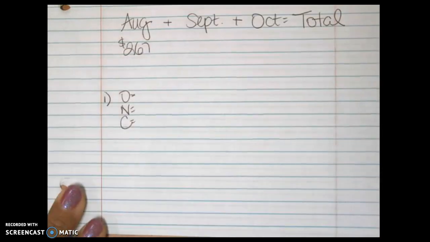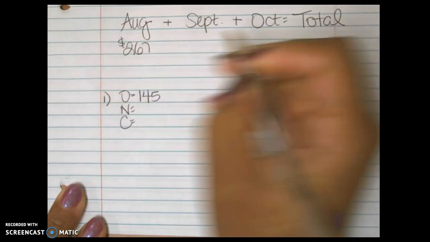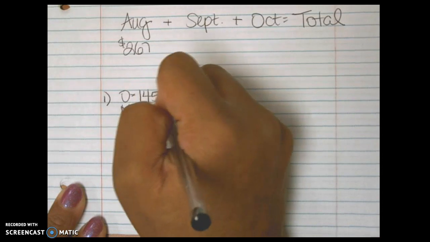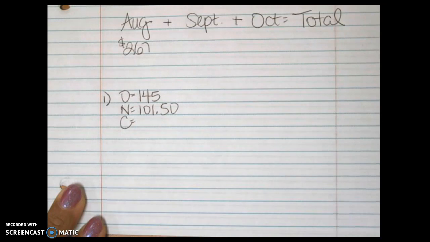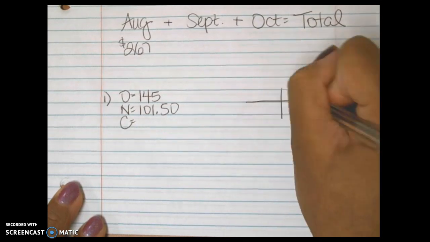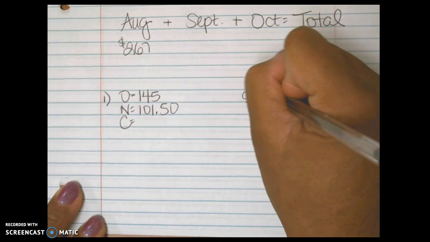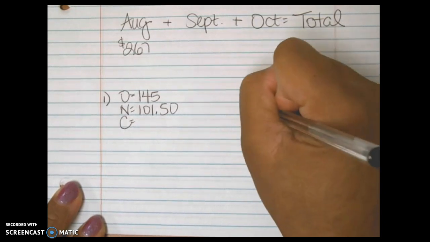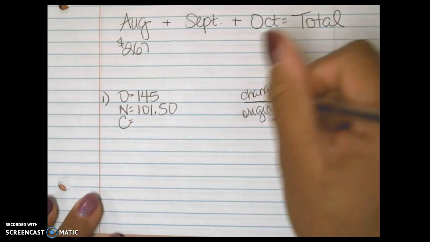My original price of Shelby's coat is $145. Her new price is $101.50. The change we need to find. You've already done several of those that tell you how to find the change, and then you need your proportion. X over 100 equals change over original. Cross multiply and divide.